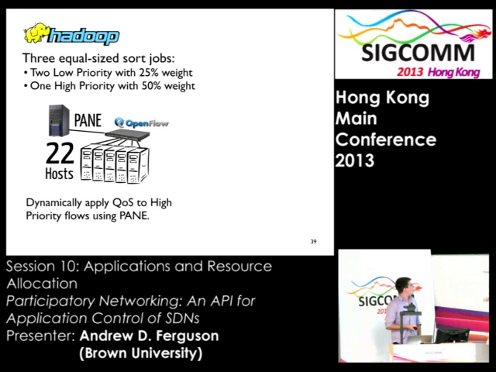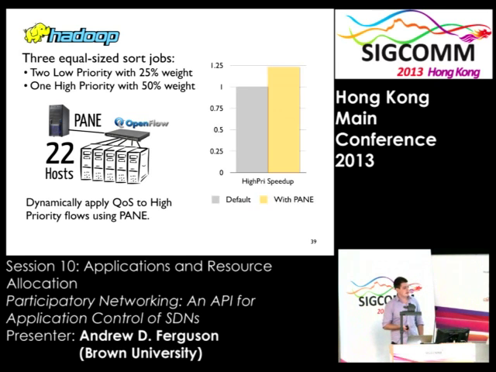During runtime, Pane was dynamically used by Hadoop to create QoS rules to protect the high-priority flows. When we did this, we saw that the high-priority job sped up by 23%, while the lower priority jobs actually sped up by 9% as more resources were freed more quickly in the cluster.